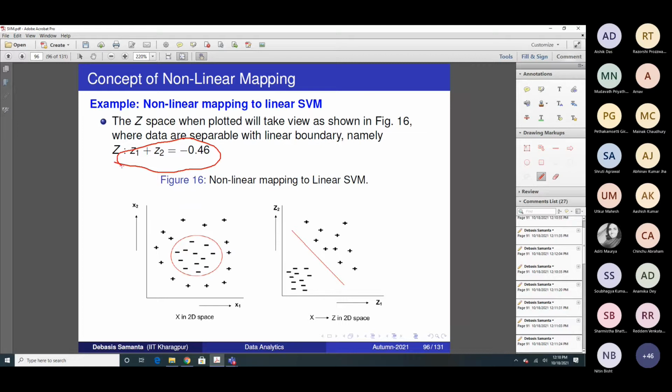So this is a simple linear equation, as I said, the equation of a straight line in the form ax plus by plus c equals 0. So again, this is the equation of a boundary, and after the transformation, the linear boundary that can be obtained takes this form.